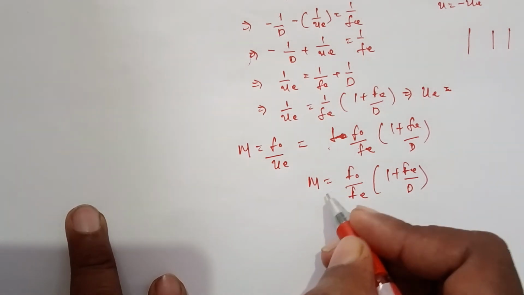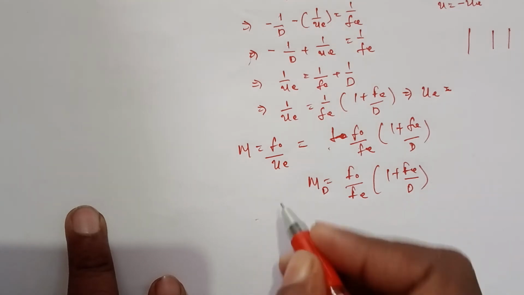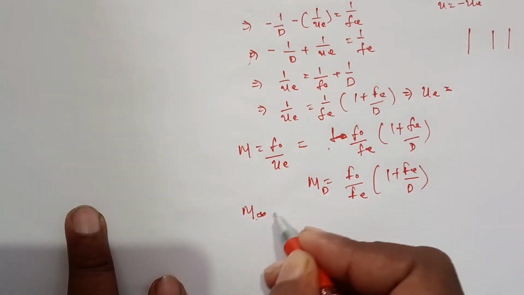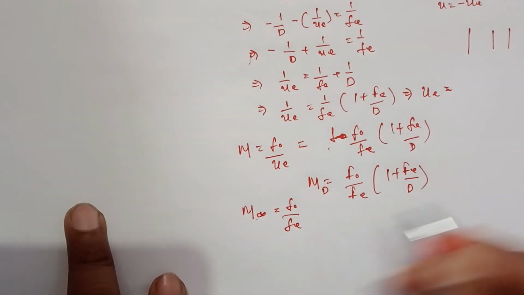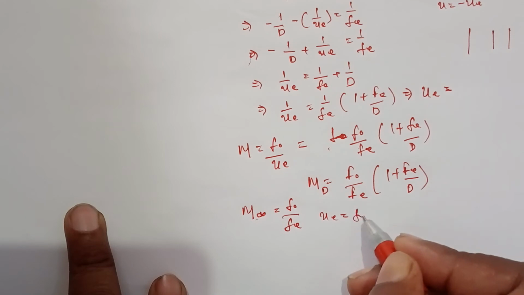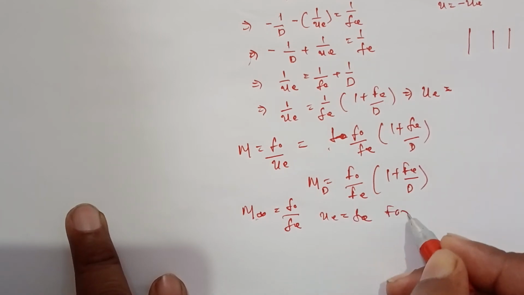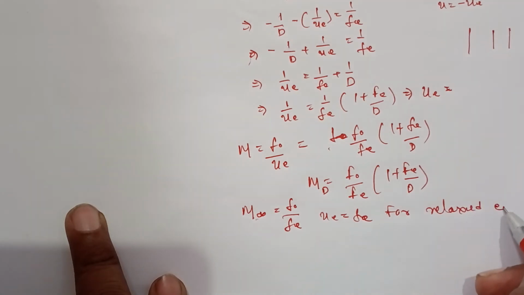So this is M at D, and M infinity is equal to f naught by fe, as ue is equal to fe for a relaxed eye.